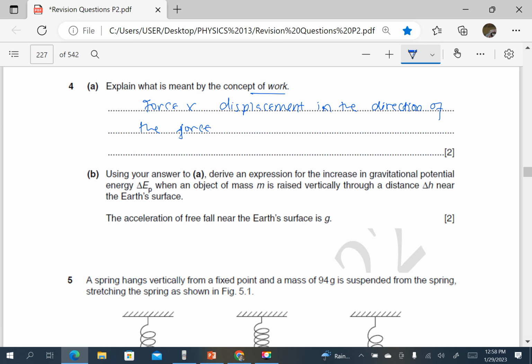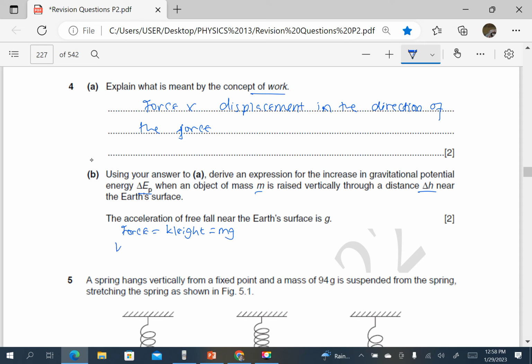Use your answer to A, derive an expression for the increase in gravitational potential energy, delta EP, when an object of mass m is raised vertically through a distance delta h. Since work done is force times displacement, what is the force? The force is equal to the weight of the object, which is m times g.